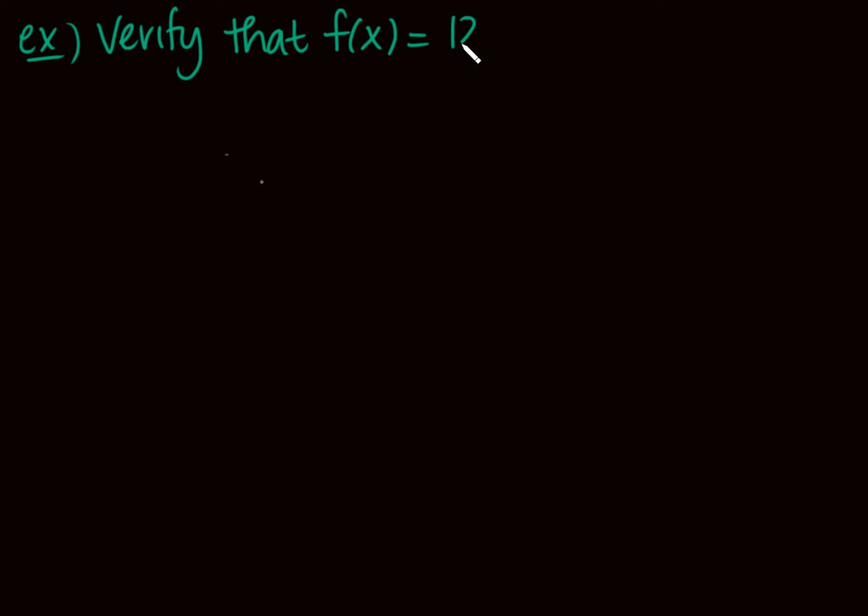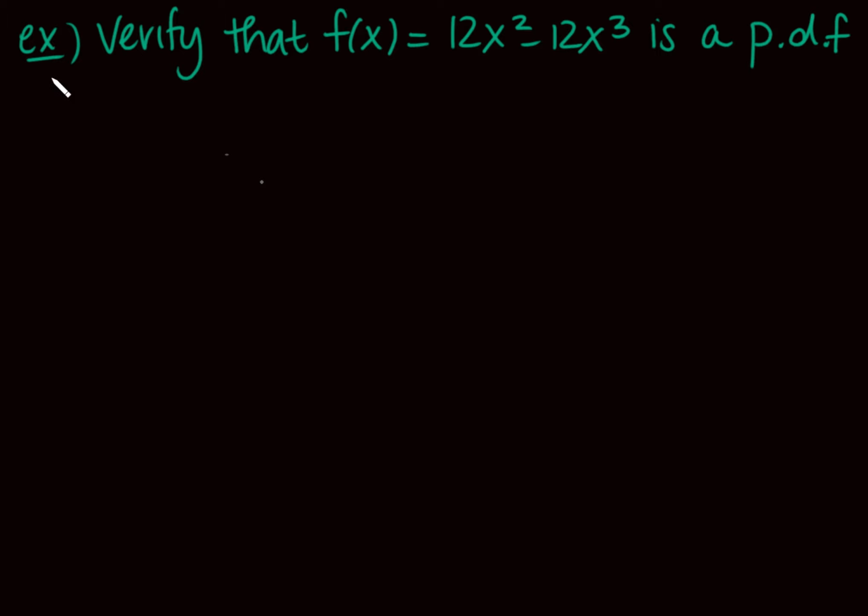The first example that I'd like to do is to verify that f of x equals 12x squared minus 12x cubed is a probability density function. I'm lazy, so I'm going to write PDF. I know that's not what that means in society today, but I'm lazy.